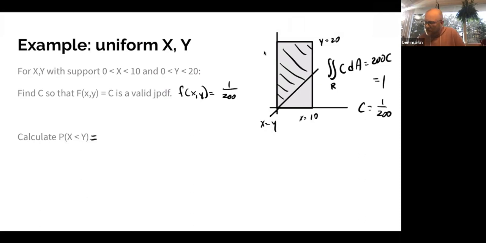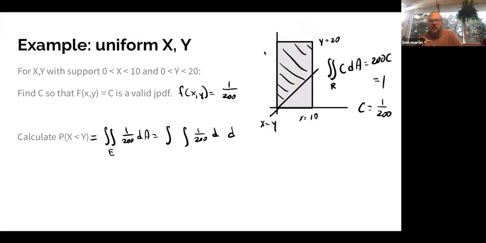Okay, so if I want to do my double integral across my event of this 1 over 200 dA, I'm going to have to say integral 1 over 200 d something, okay? Now, if you're looking at that region there, you will have spotted that it is vertically simple.